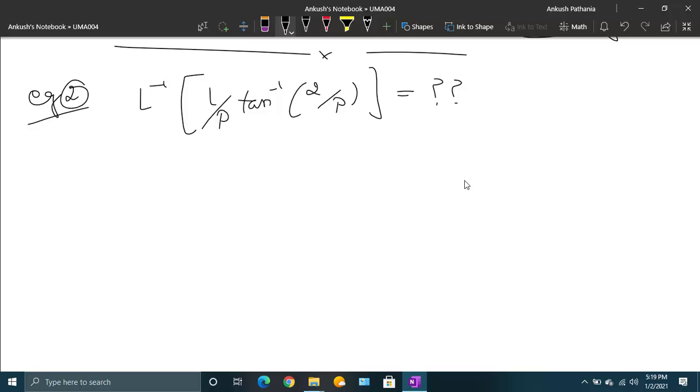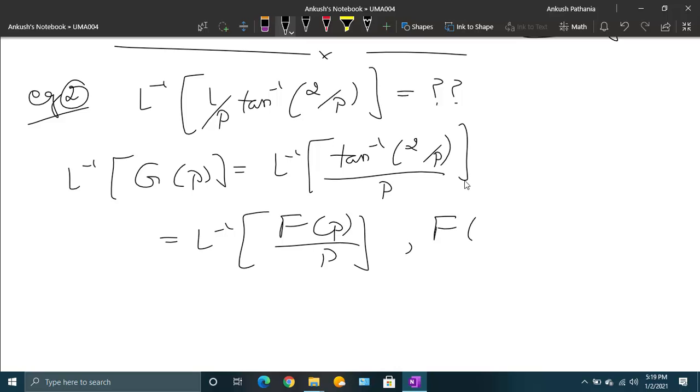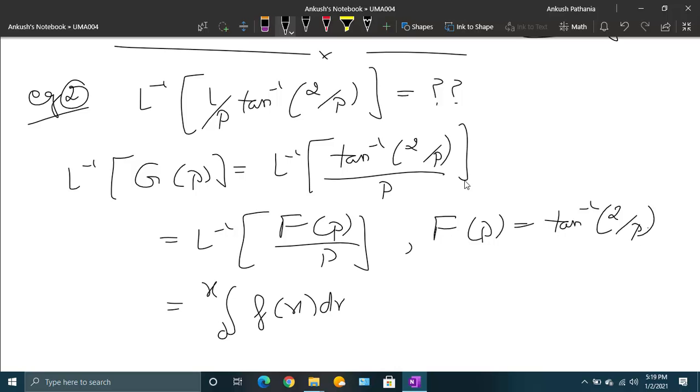So clearly this Laplace inverse, which I denote by G(p), is given to be tan inverse of 2 upon p, divided by p. So this is again of the form F(p) by p, the form of property number 5, where F(p) is tan inverse of 2 upon p, and by property number 5 this is going to be the integral from 0 to x of f(x) dx.